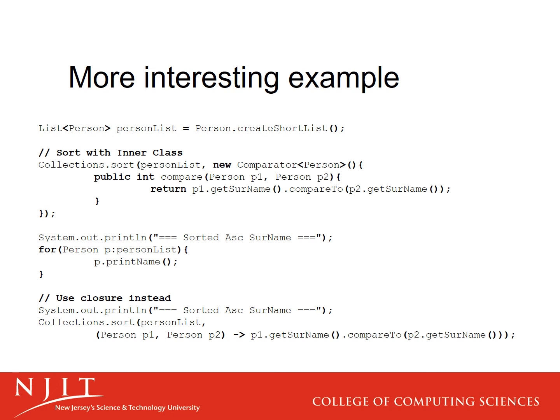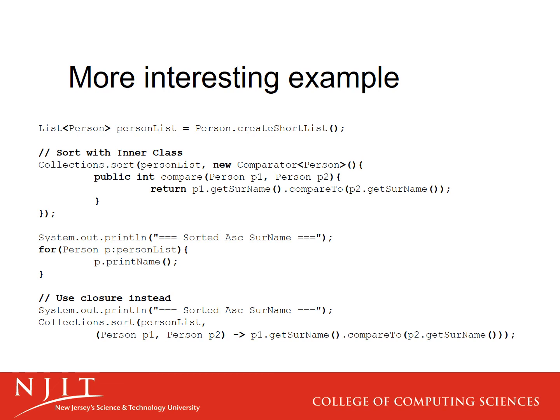I do the same thing with a closure. Instead of giving it an anonymous inner class, I just write the code right there at the bottom of the slide. See? So I've got a closure, a tiny little mini function. It takes two arguments, a person named P1 and a person named P2.